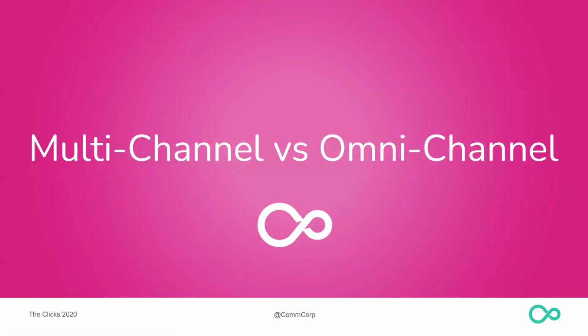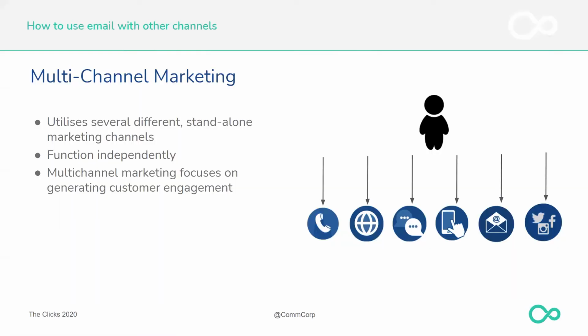Thank you, Bonnie. So to start off with, I'm going to go through what we mean when we say multi-channel and omni-channel. Multi-channel marketing is a tactic that uses several different standalone marketing channels. Those channels are used in different ways and means of communication between you and your targeted audience.